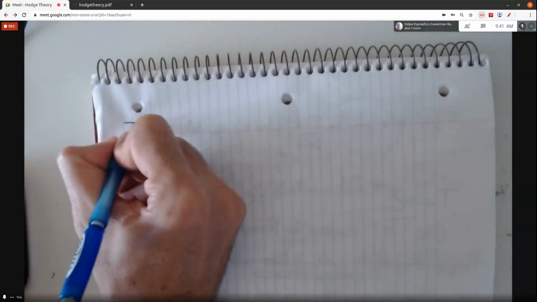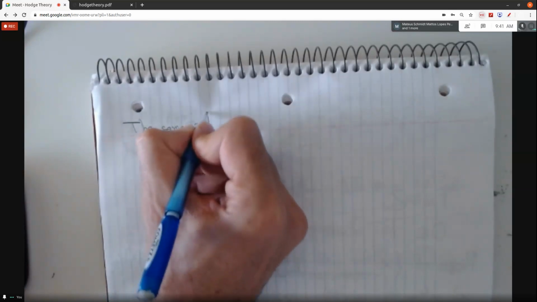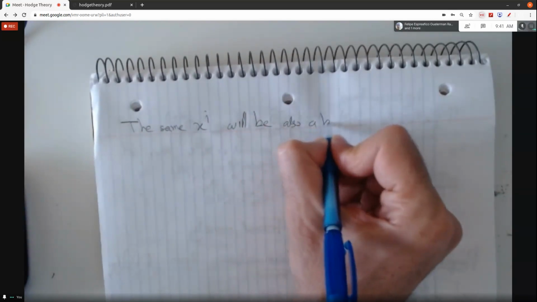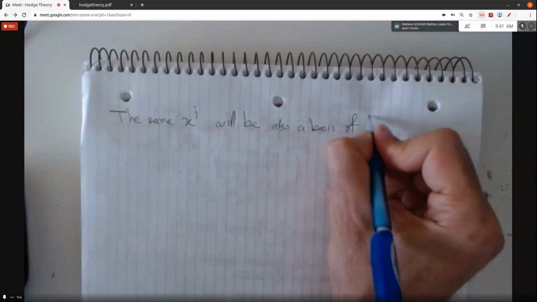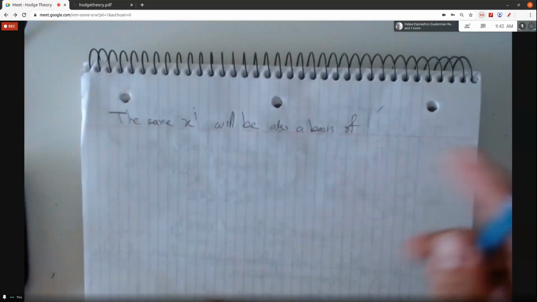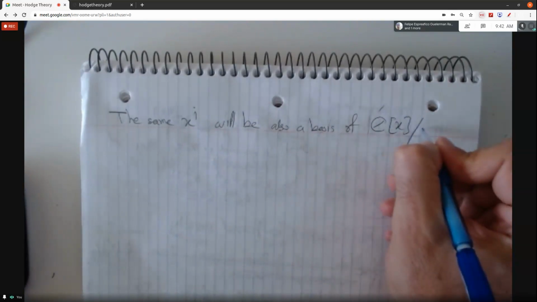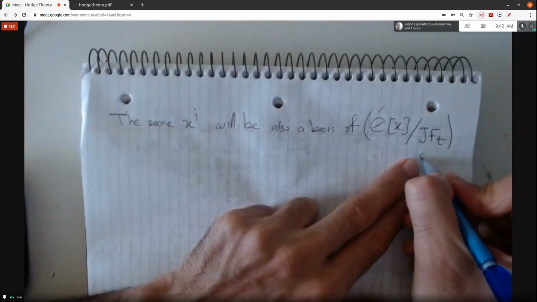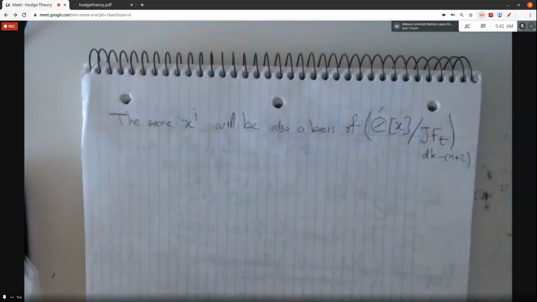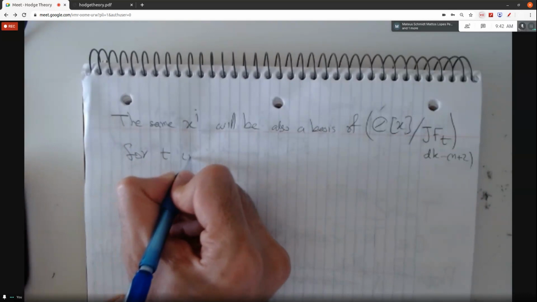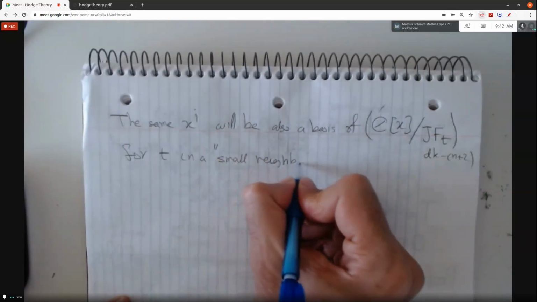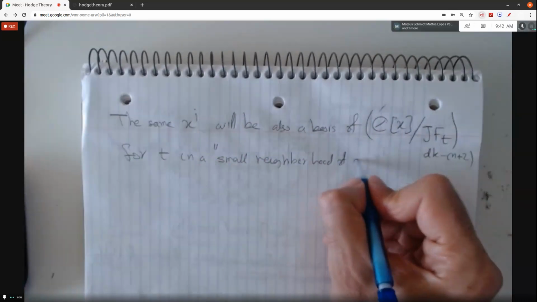So the same xi will also be a basis of the Jacobian of f_t, the homogeneous piece of degree dk minus n plus 2, for t in a small neighborhood of 0 in t.